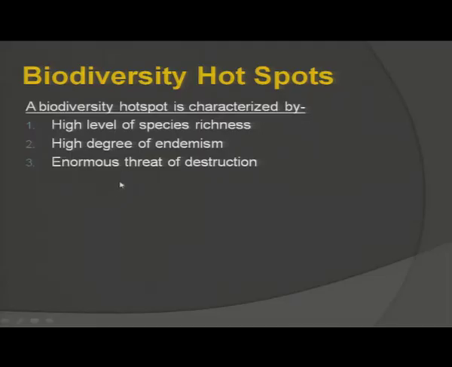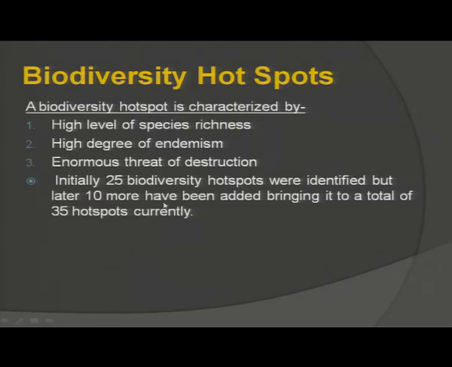And thirdly, they are facing enormous threat of destruction. So, these are the three basic criteria for characterizing a region as a biodiversity hotspot: it should be rich in species, it should have a high degree of endemism, and it should be under enormous threat of destruction.